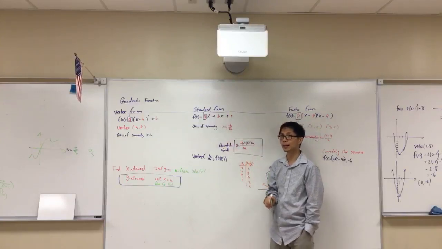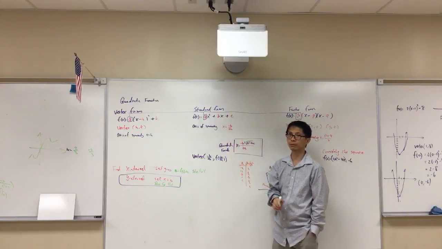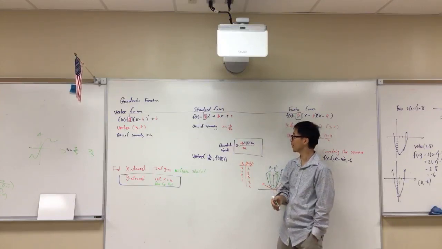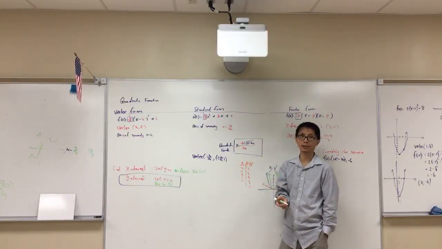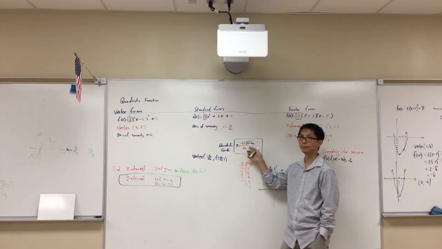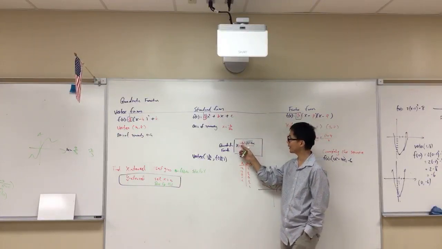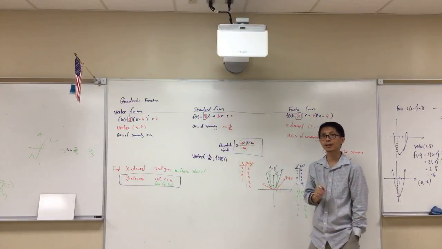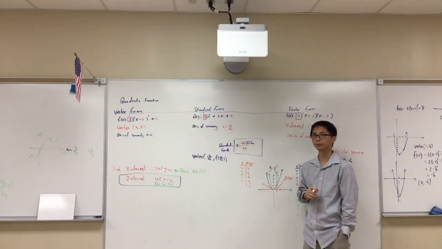Do you have to memorize that? No, and yes. You already did memorize that a long time ago if you memorized the quadratic formula. It's right in the front here. It's negative b over 2a. That's the axis of symmetry.